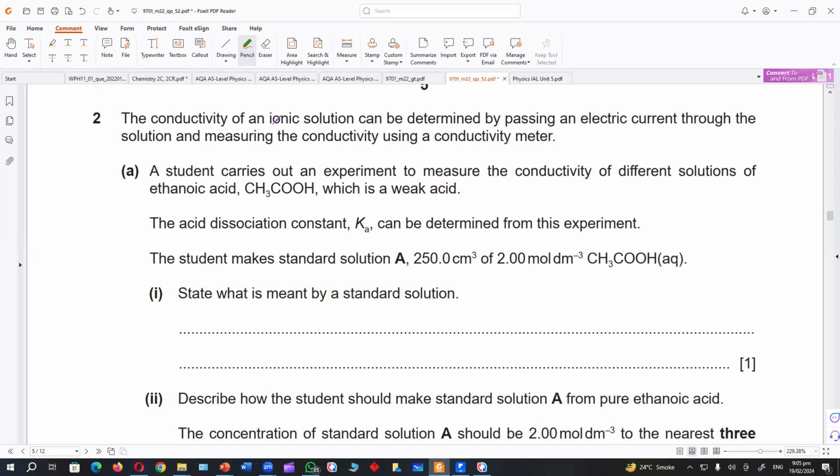The acid dissociation constant can be determined from this experiment. The student makes 250 cm³ of standard solution of 2 mol per dm³ ethanoic acid. What is meant by a standard solution? A standard solution is one for which we know the concentration.